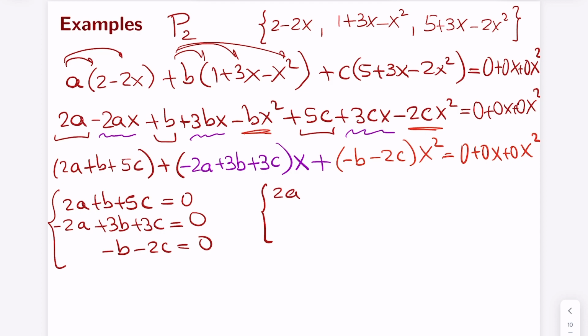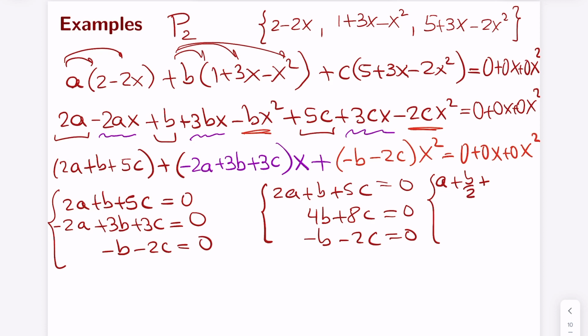So I'm going to copy the first one as it is, and the second one will be then 4b plus 8c, and the last one as it is, 5/2c equals 0. And so here we can leave just b plus 2c equals 0, and here 0 equals 0.